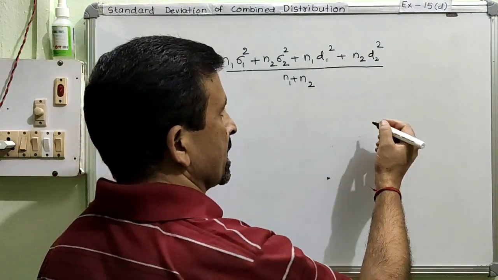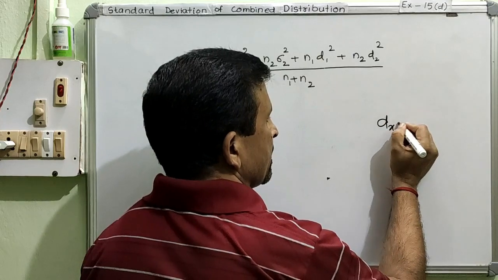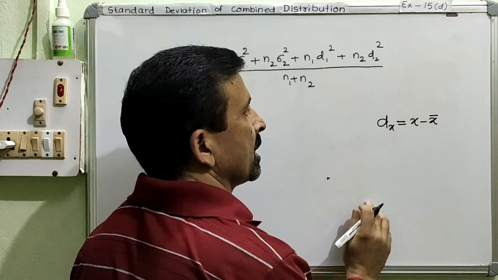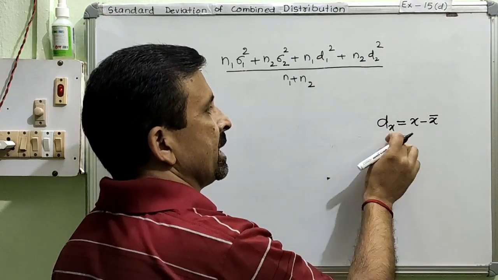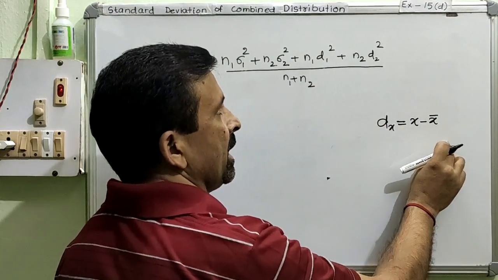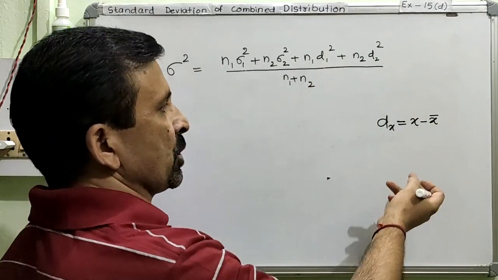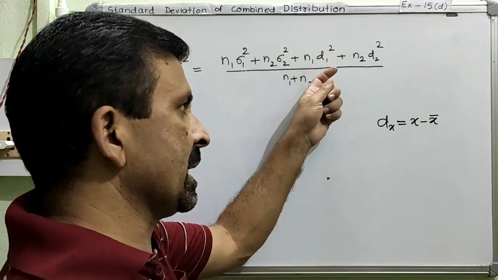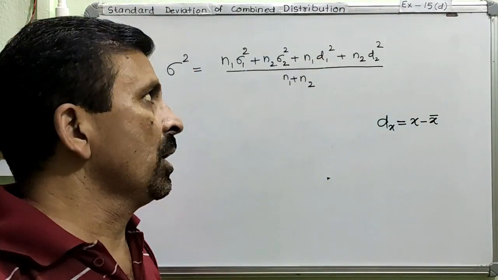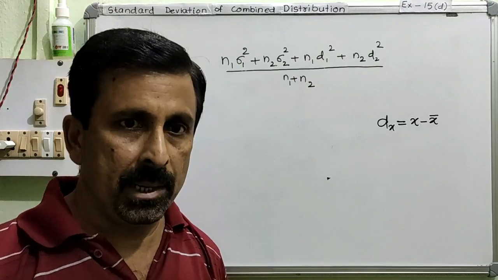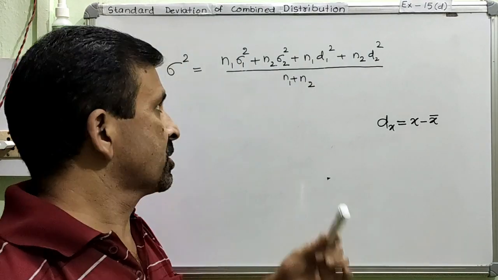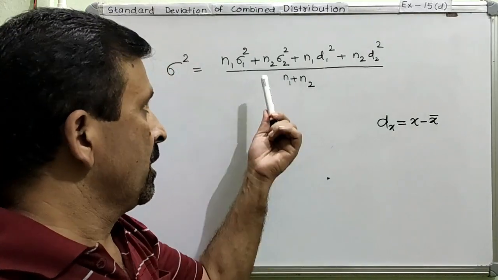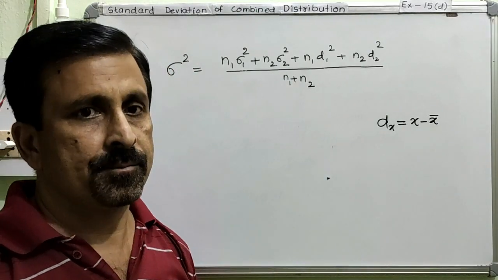Actually, the deviation is calculated, you already know the formula: the data minus the mean. This is the formula for calculating the d. So we will keep this in mind, and in the question I will show you how we are going to calculate the two deviations from the mean. So basically remember that D1 and D2 are the deviations from the mean, right? This formula is going to be very, very important for us.